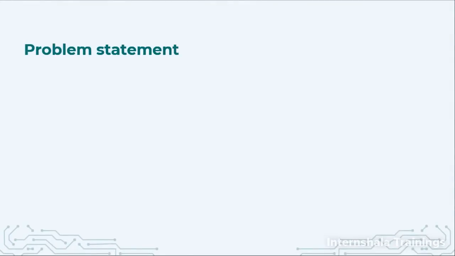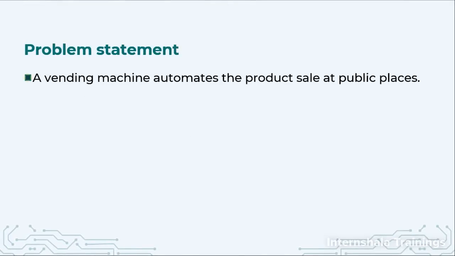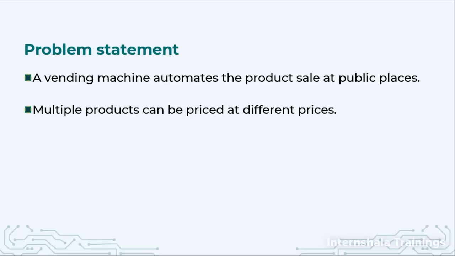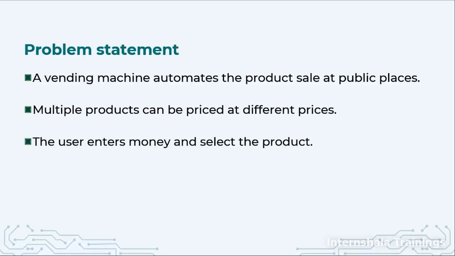So first of all, let us talk about our problem statement. A vending machine is going to automate the task of selling some products at some public places. Multiple products can be kept inside the same machine and they can have different price tags. The user can select which product he or she wants, and accordingly they will enter the money.